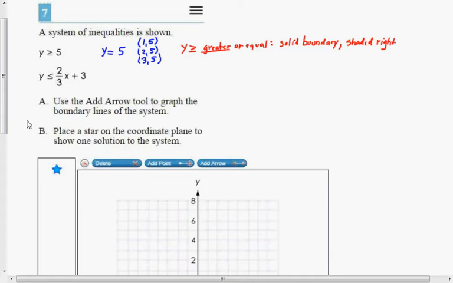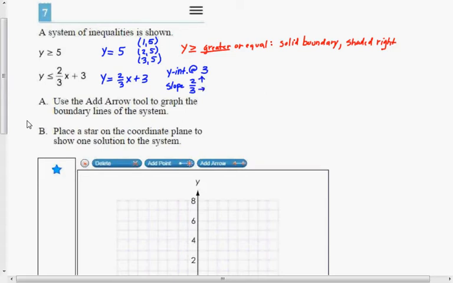Okay, and the other equation, I can just go through that same process. If we're graphing the line y equals 2/3 x plus 3, it would have a y-intercept at 3 on the y-axis, and the slope is 2/3, which means rise 2, run 3.